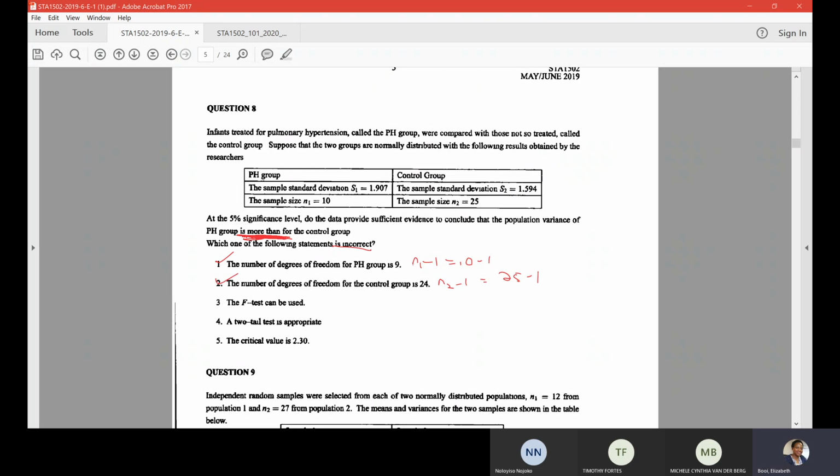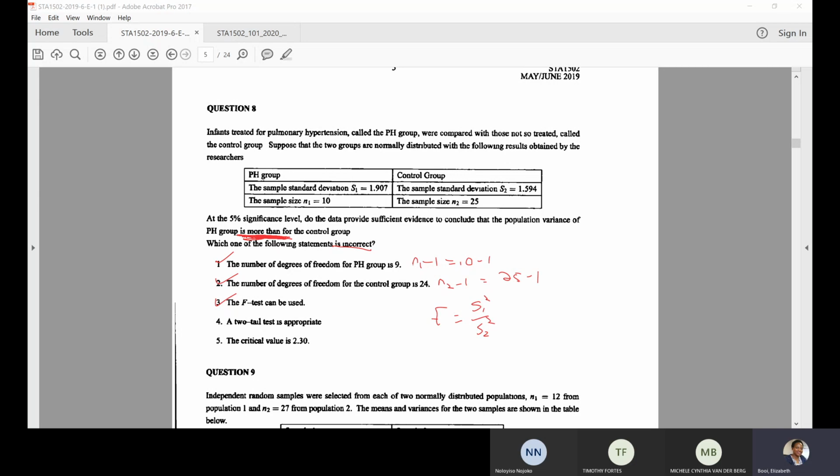That will be correct. And since we're dealing with the population variances, is this going to be a Z test or an F test or a T test? It will be an F test because we're going to use S1 divided by S2, the variance. I hope that is the formula.